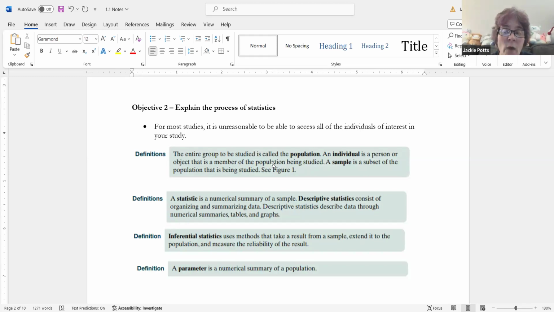If I said all college students, that would be a population. But a sample would be Marian Tech college students. It's a small group of the population.